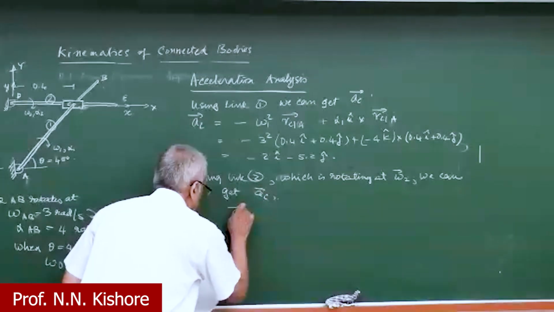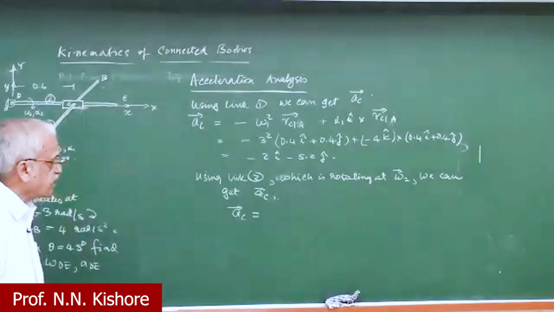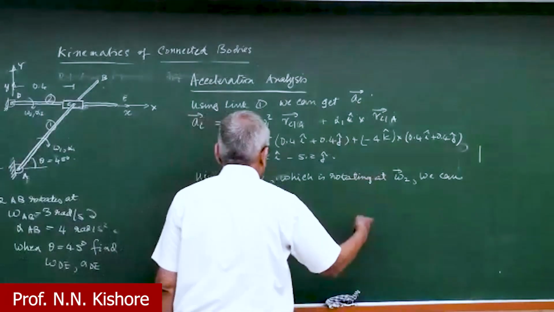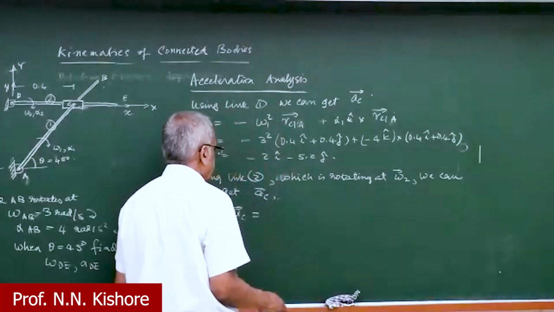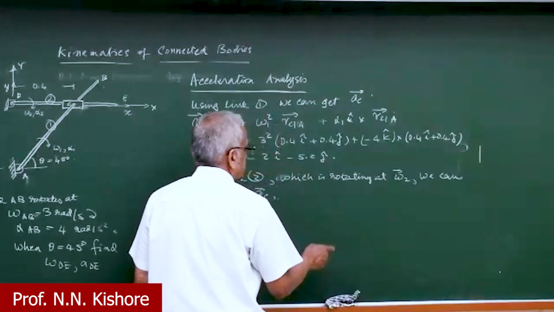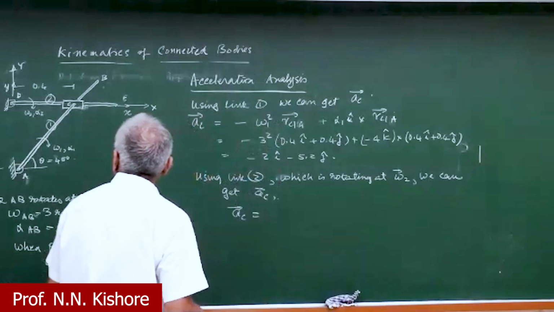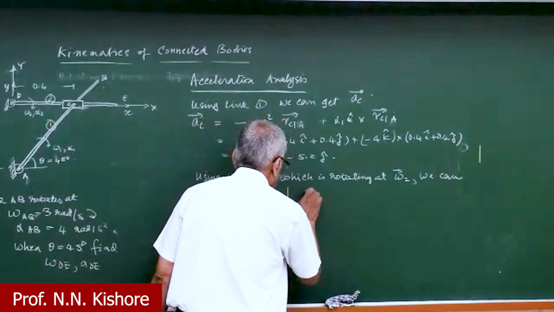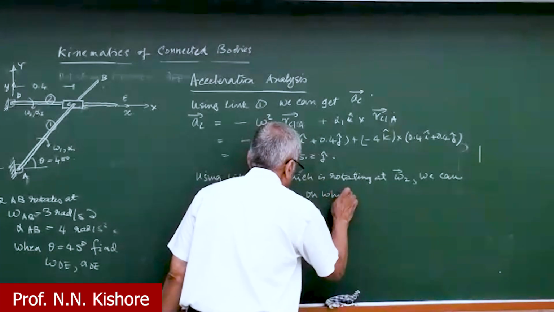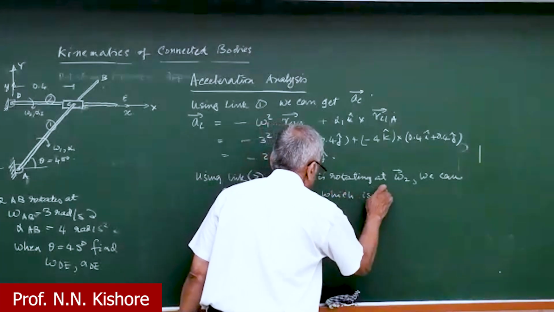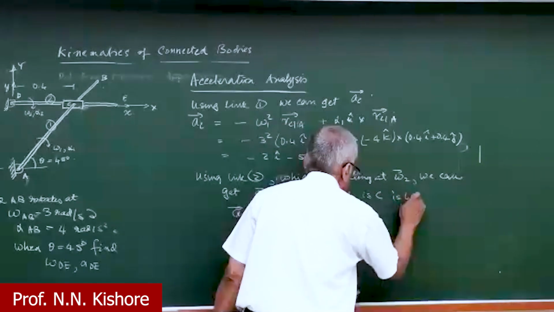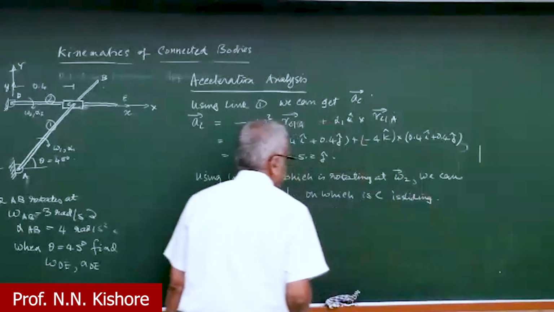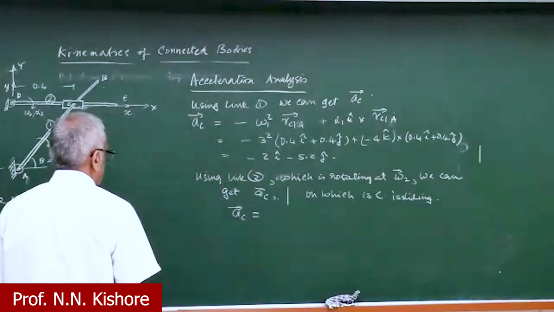So the acceleration of C now, we have to apply, because link 2 is rotating, and also point C is sliding on which, with a relative velocity of v rel.